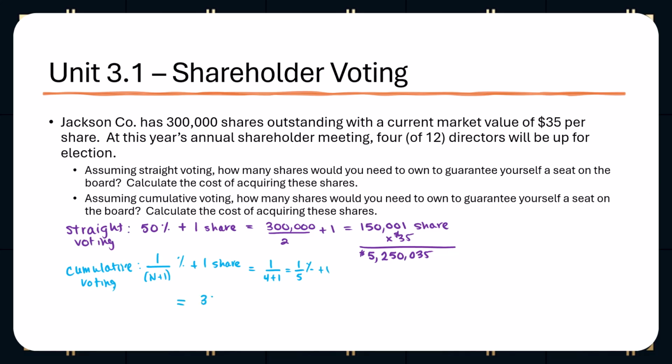So we'll take the 300,000 shares that are outstanding, divide that by 5 or multiply it by 1/5, then add 1 share, and when I do this, I will find that I need 60,001 shares to guarantee myself a seat on the board if they use cumulative voting. We know that each share costs $35 per share, and that results in a total cost of $2,100,035. That extra 35 there is because we need that plus 1 share.